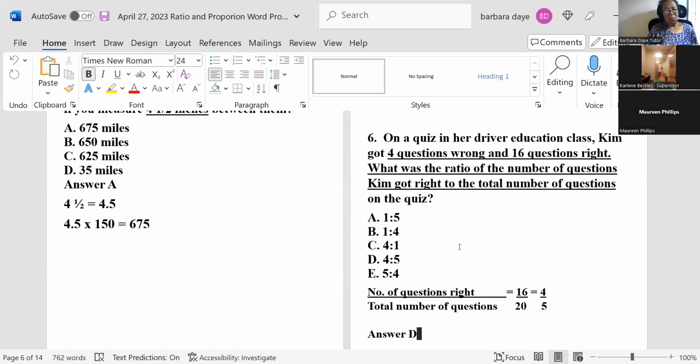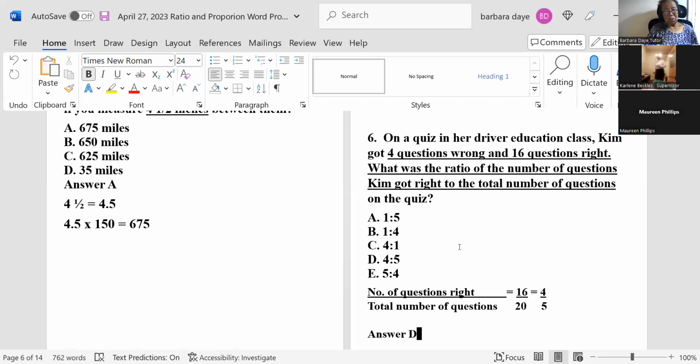What's the ratio, Maureen, of the questions wrong to the total? What's the ratio of the number of questions that Kim got wrong to the total number of questions? I said wrong.